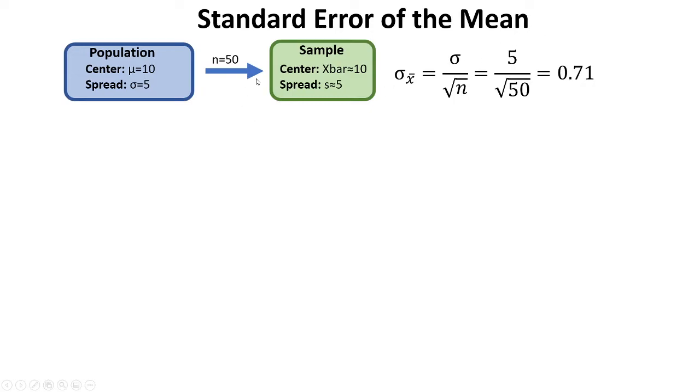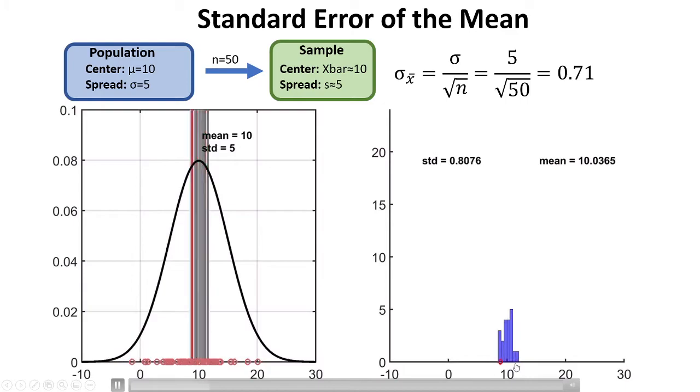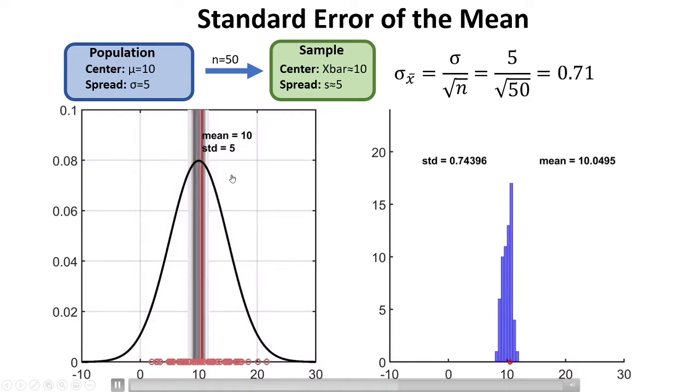And so if you take larger sample sizes, right? So if in each sample, instead of having 5, we have 50, you're going to get a sample mean that is more likely to be very close to your population mean. And so if we play this forward now, we're getting this very tight spread of the sample means around the true population mean, right?